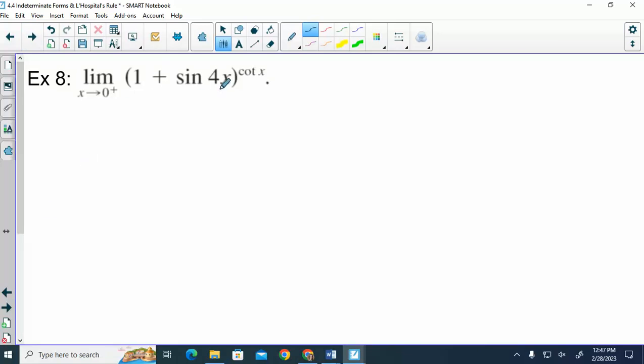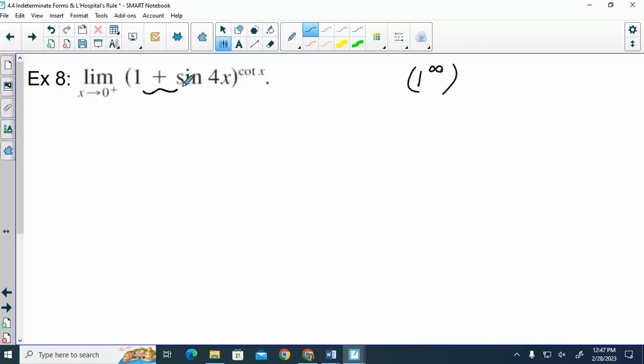Okay, sine of 0 is 0. So 1 plus 0 is 1. Cotangent of 0, that's a vertical asymptote. That's an infinity. So we have 1 to the infinity. Okay, that is one of the indeterminate forms. So what we are going to do is add a natural log to this to start.